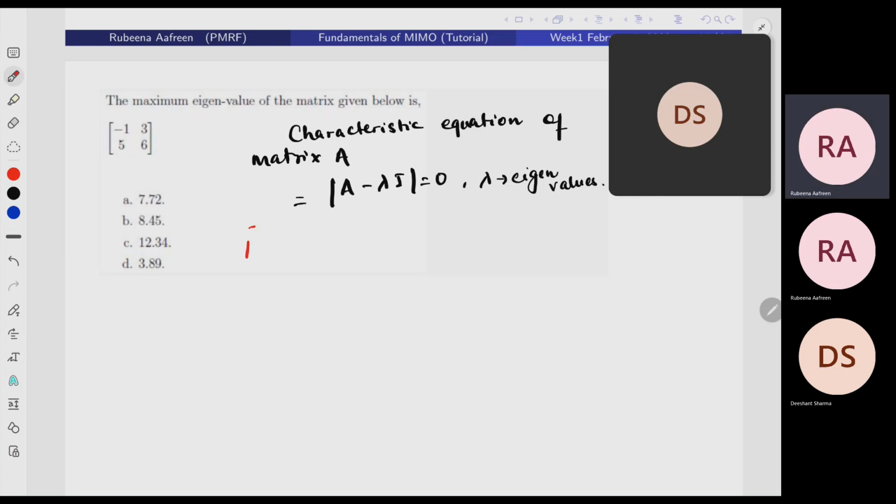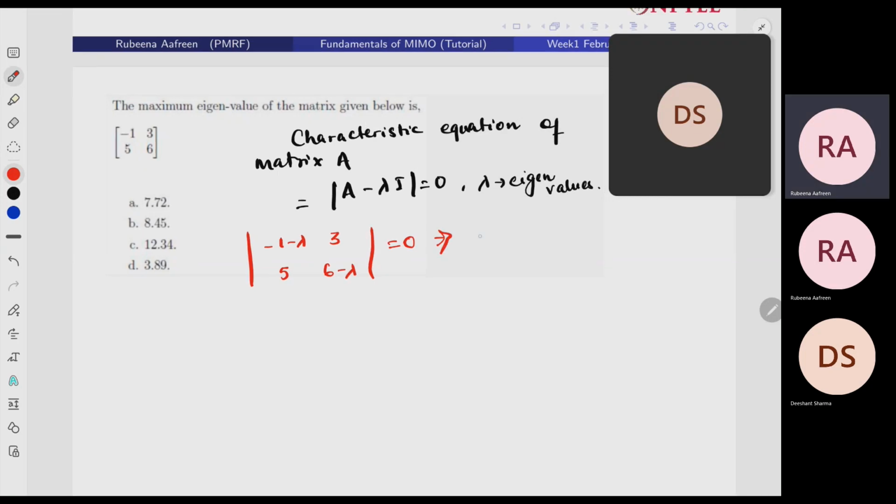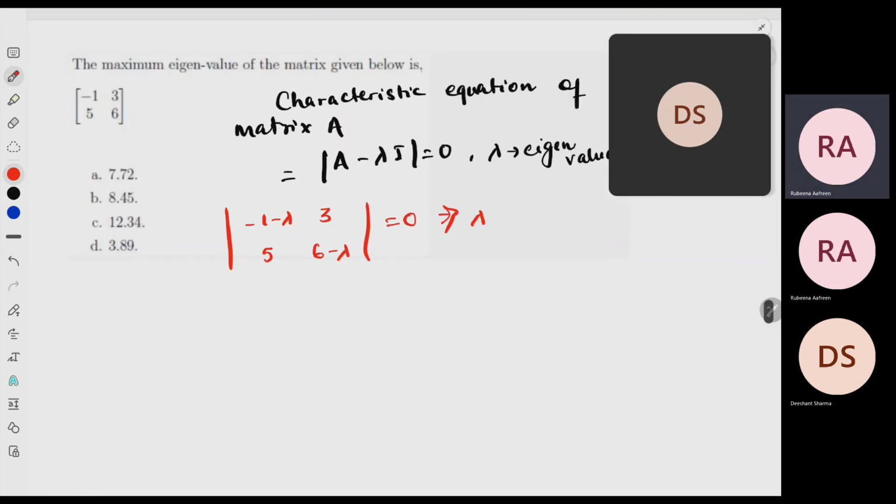So A minus lambda we will have as minus 1 minus lambda, 3, then 5, and 6 minus lambda. We equate the determinant of this to 0, and then we have lambda minus 6 into lambda plus 1 equal to 0.